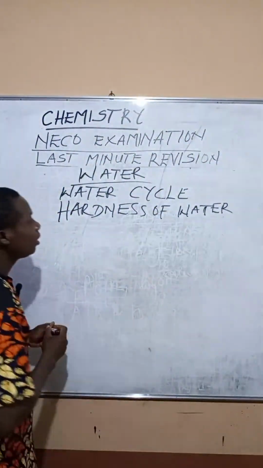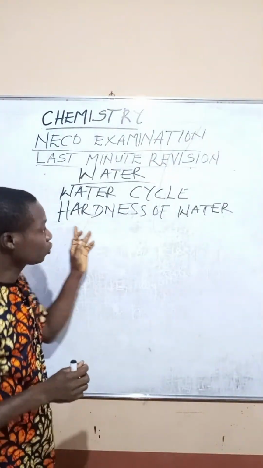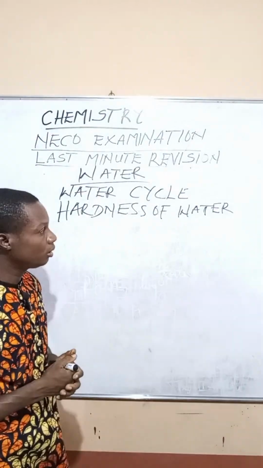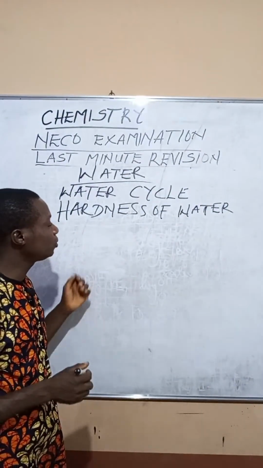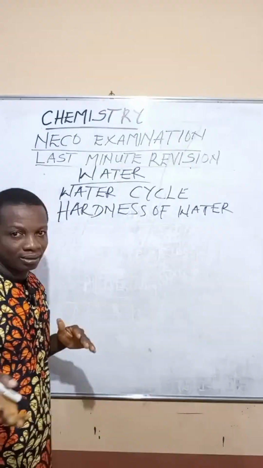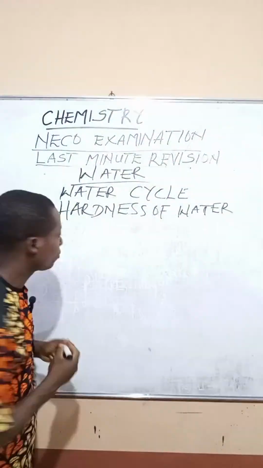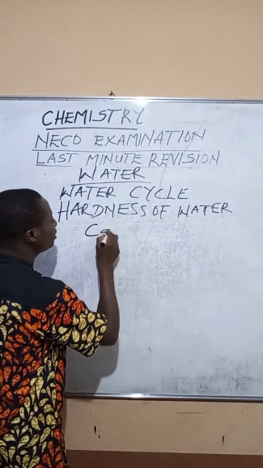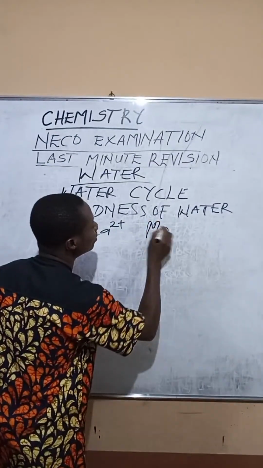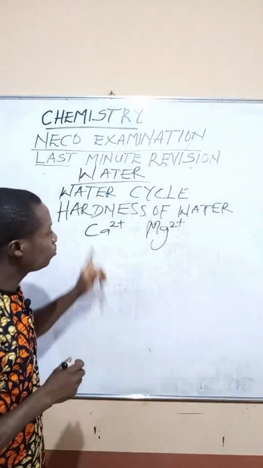Hardness of water. This is due to some ions, okay, calcium and magnesium ions, in the form of hydrogen carbonates, or sulfates. That is how these ions occur. It is due to the presence of calcium and magnesium ions in solution, in water.